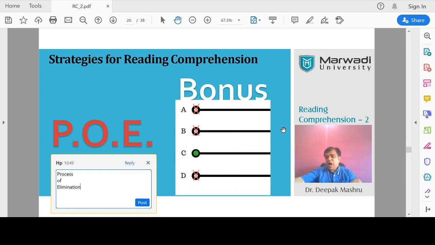Now, how to go for it, how to understand this, I tell you. See, this is a pen. If you look at this pen, this pen is a paragraph. Now, there are two options given, option A and option B. I'm not sure which option is applicable, which option is important.